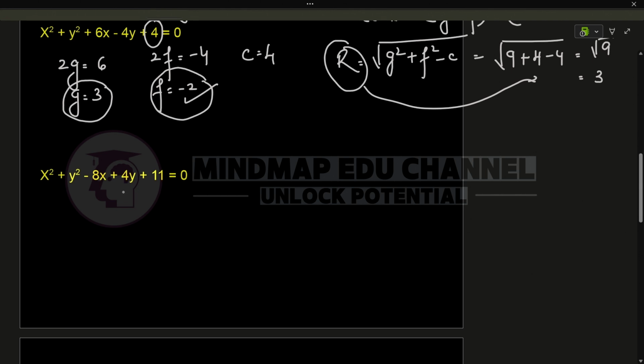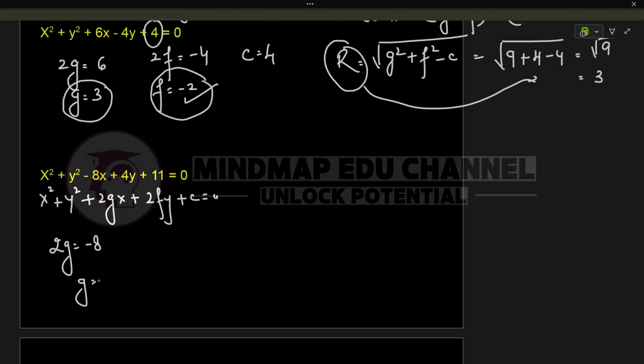Let's take another sum. x square plus y square minus 8x plus 4y plus 11 equals 0. By comparing it with the general equation 2gx plus 2fy plus c equals 0, 2g is equal to minus 8.